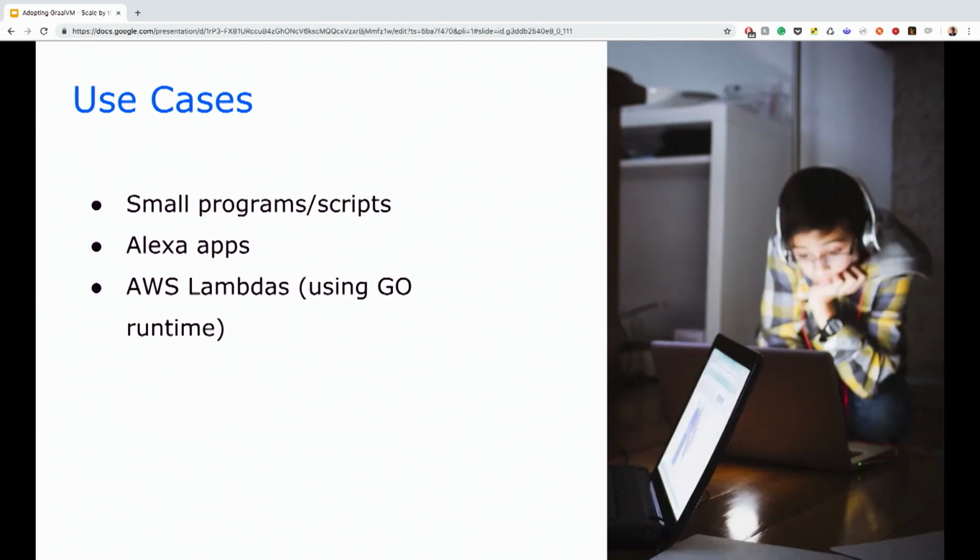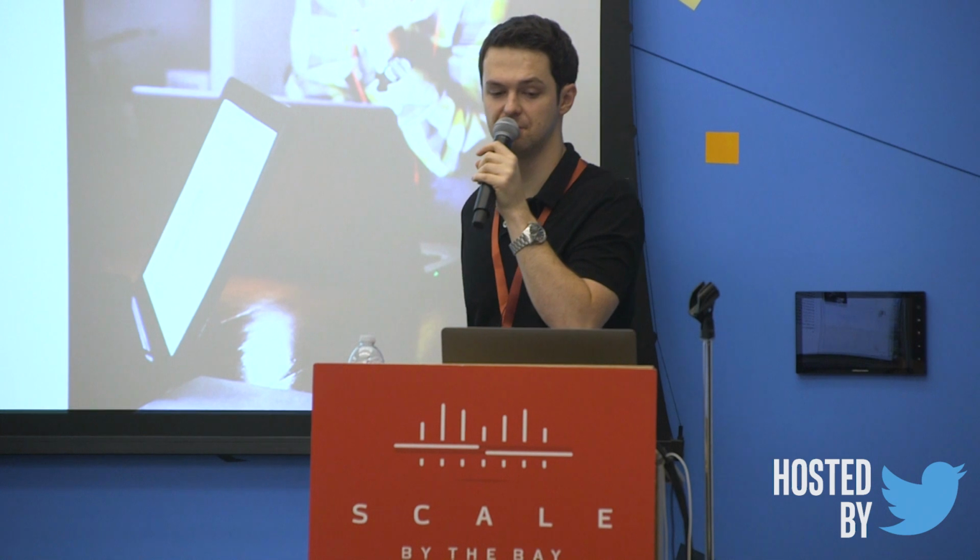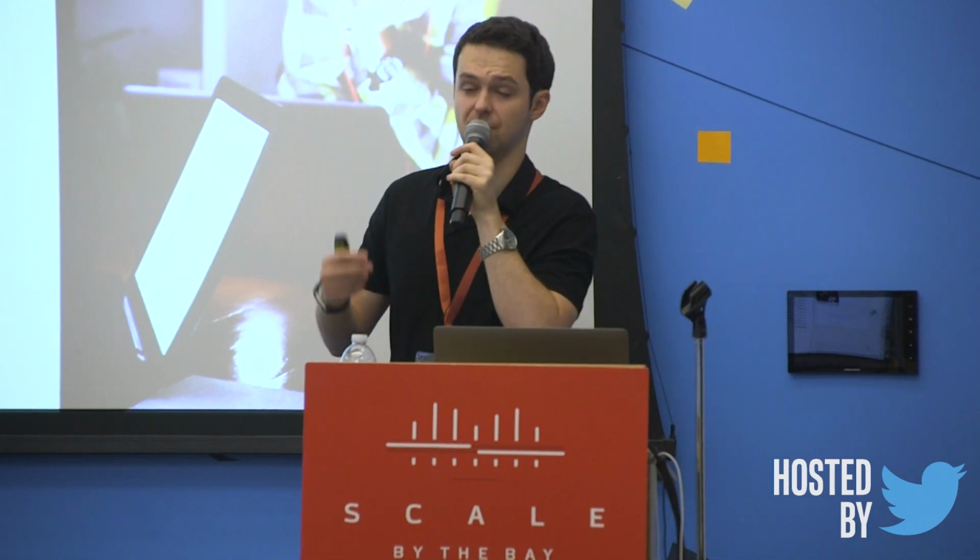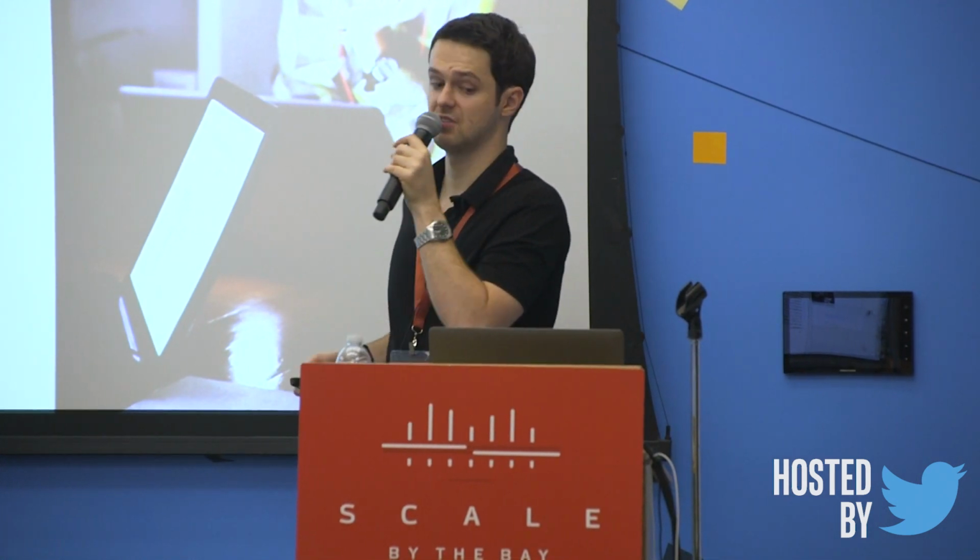And now some use cases. Obviously, the most common use cases are small programs or scripts, anything you want to start up quickly, and you do not expect to run for longer time periods. Also things like Alexa apps, for example.